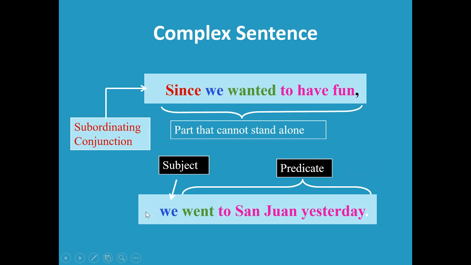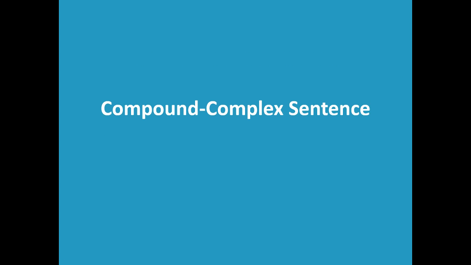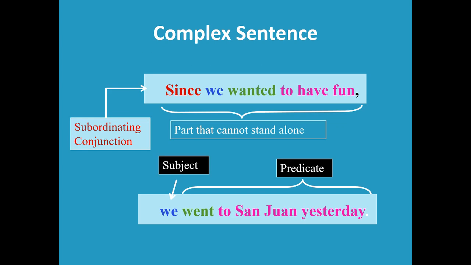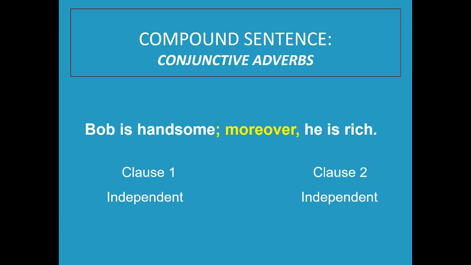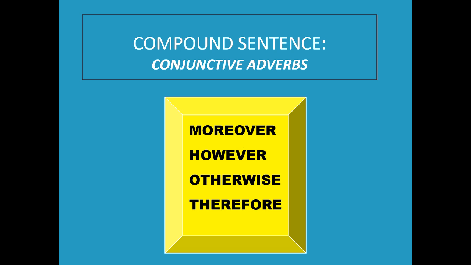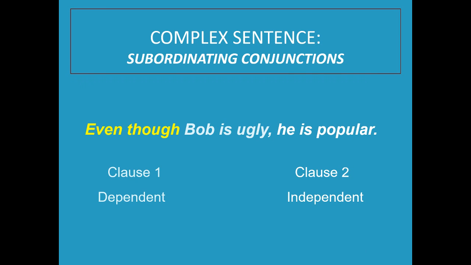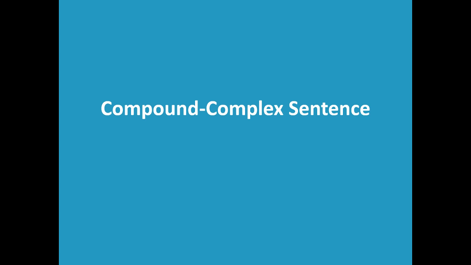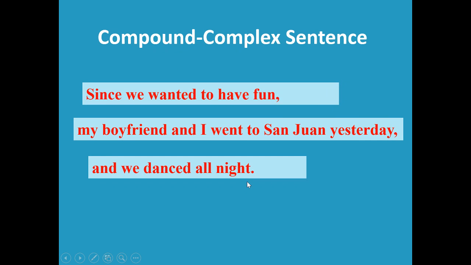Here it's not specifically a subordinating conjunction or conjunctive adverb. If it is a compound complex sentence, any kind of conjunction will be linking the different parts of the sentence together. Okay.